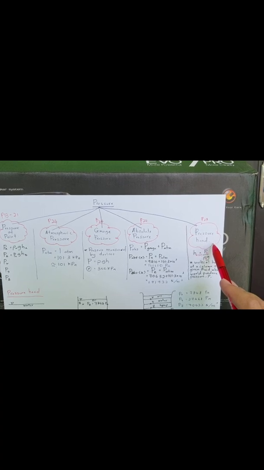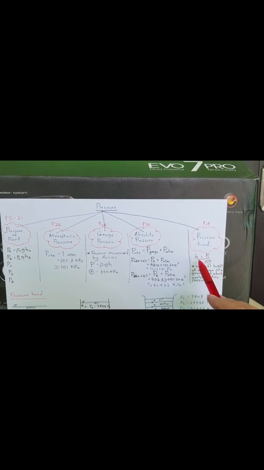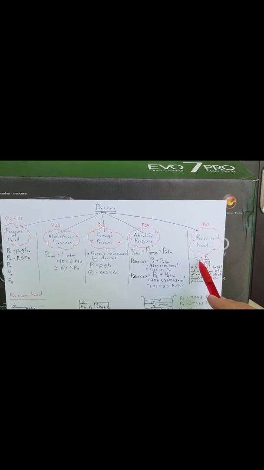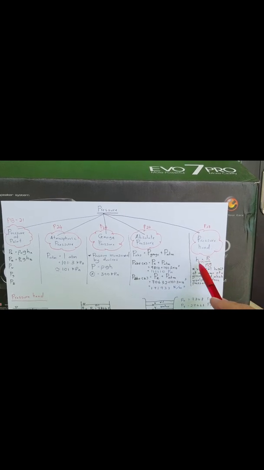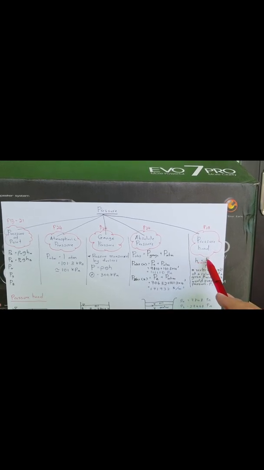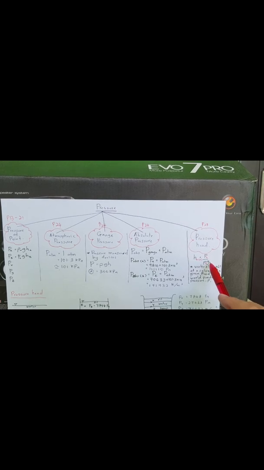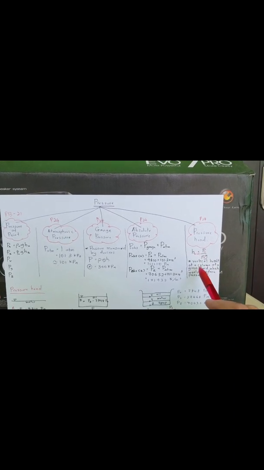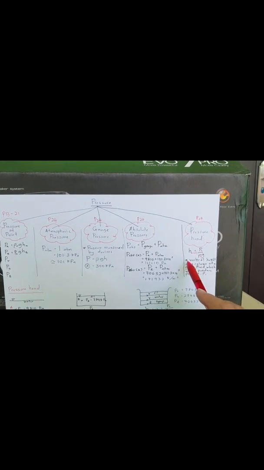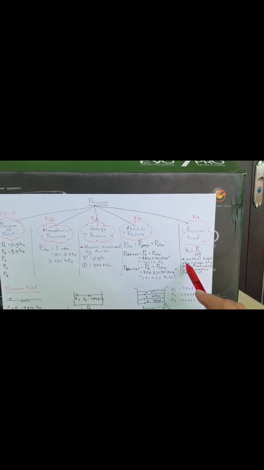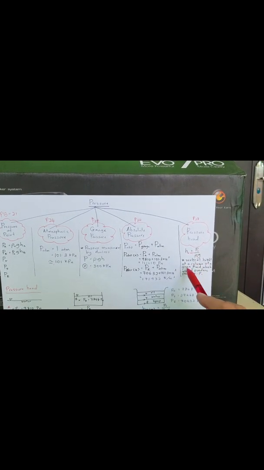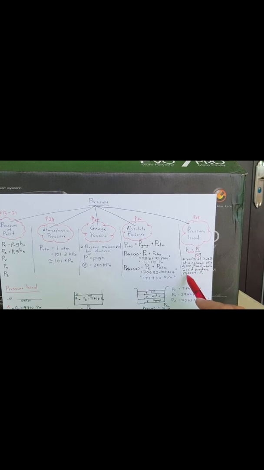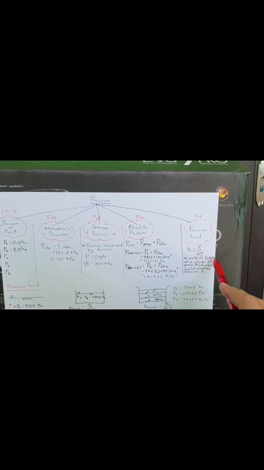So what is pressure head? So equation for pressure head daripada P equal to rho GH, kita rearrange, kita dapat H sama dengan P per rho G. Okay, apa maksud pressure head ni? Adalah vertical height of a column of a given fluid which would produce pressure P. Vertical height.